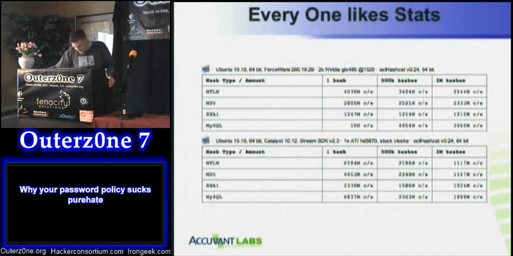Can't see those on my computer, but anyway, here's a couple of graphs that show them. The top one is 2 NVIDIA 480 GTXs, and you can see on NTLM it does 4 billion 30 keys per second.